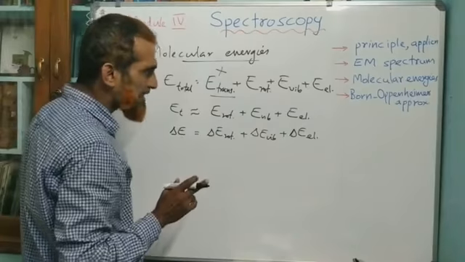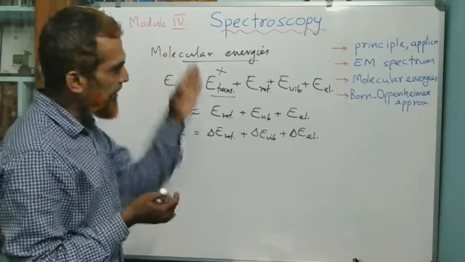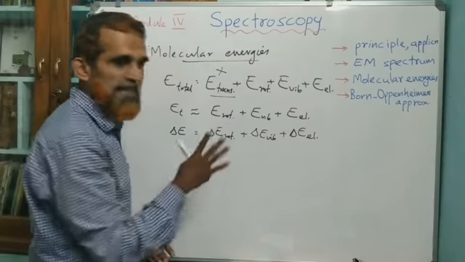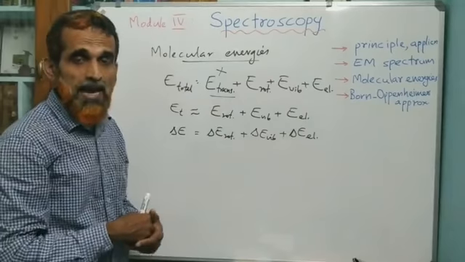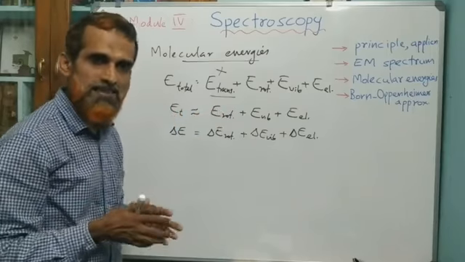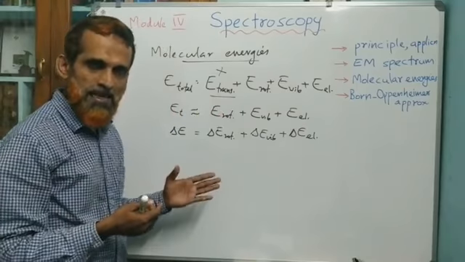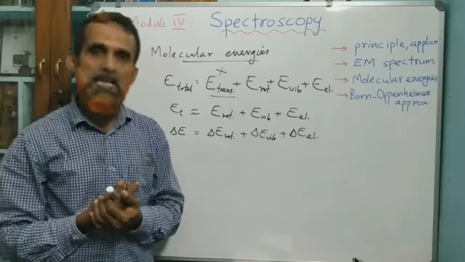Now the next question is how we represent these energies. So we can diagrammatically represent all these energies, the single diagram, and see which is more. Magnitude of all these. We can verify which is more and which is less, and then look into the transitions.